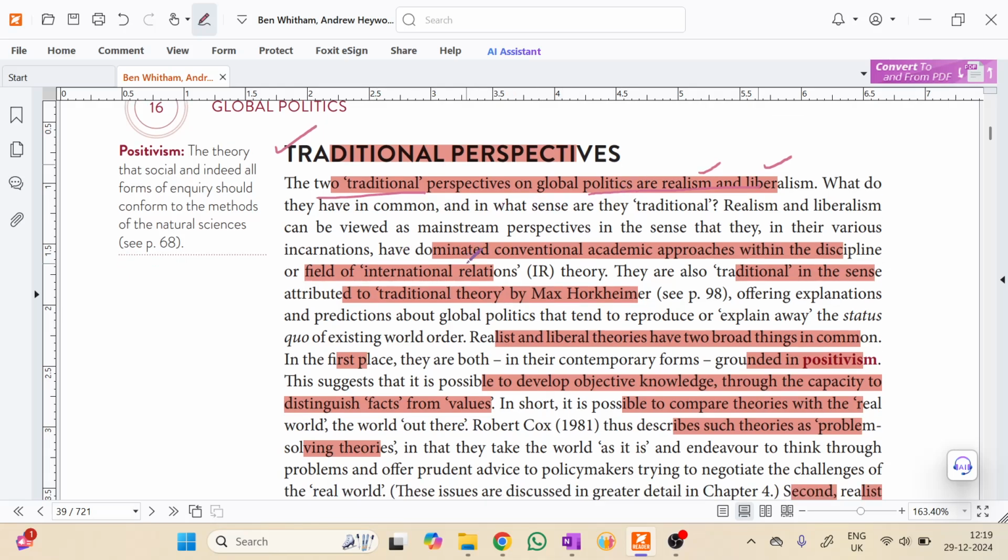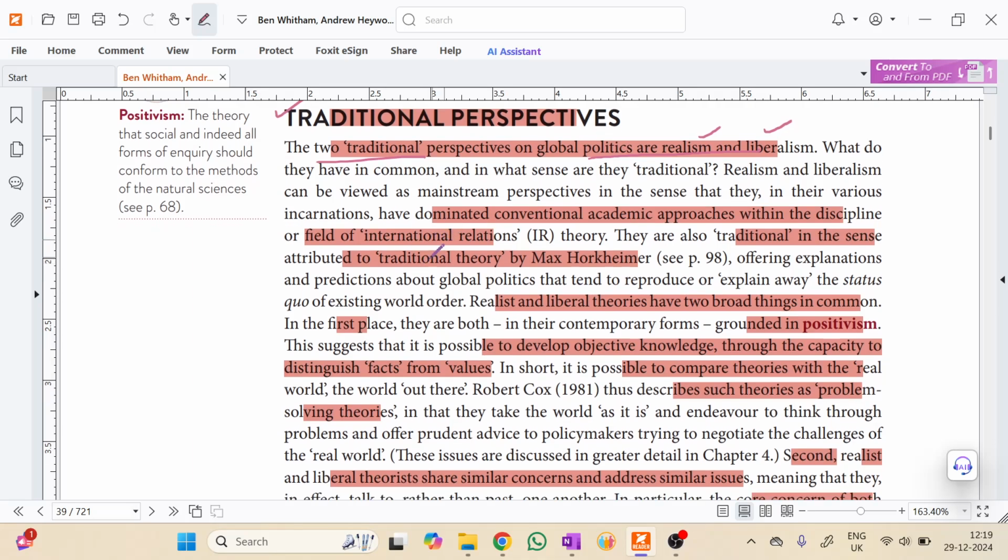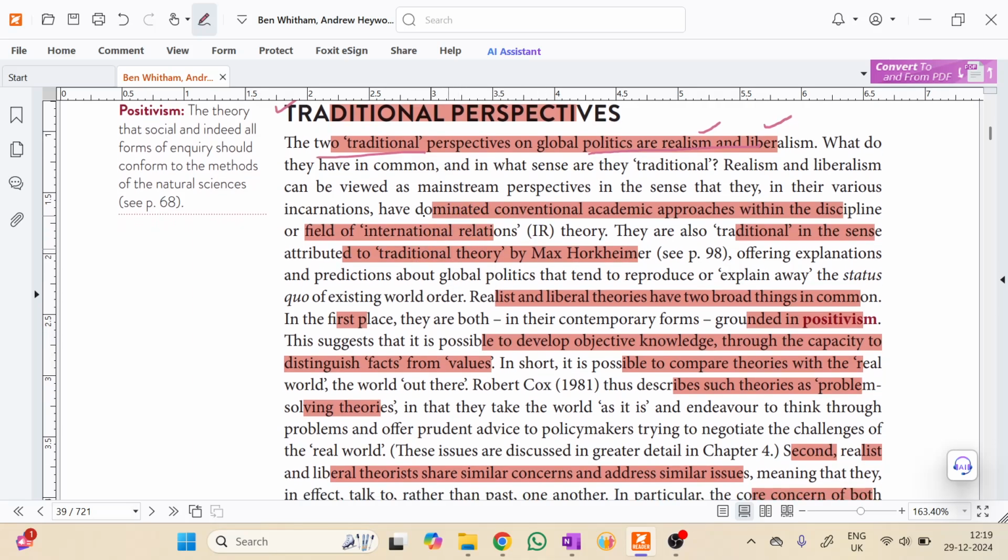So let's see what realism and liberalism are. They can be viewed as mainstream perspectives in the sense that in their previous incarnations they dominated the conventional academic approach within the discipline of international relations for a long time, from the middle of the 17th century to the second half of the 20th century.